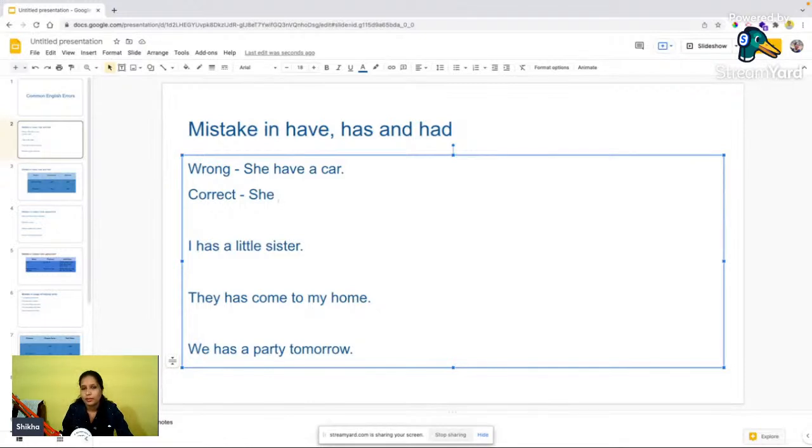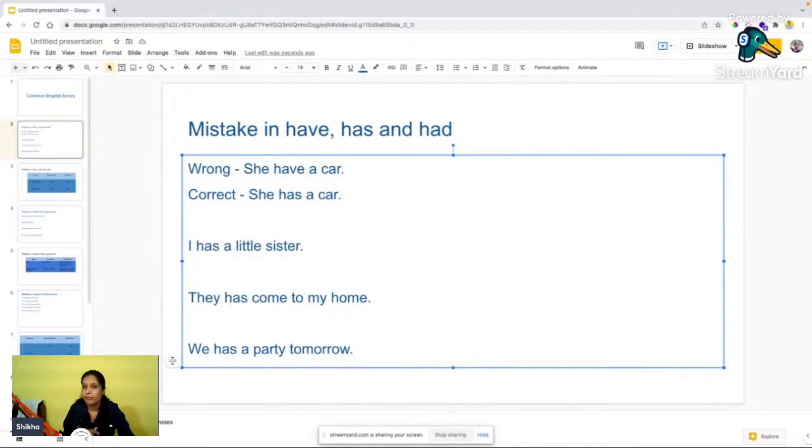So what is the verb which we use for a singular pronoun? That is has. She has, we will write has. She has a car. Can you see, these sentences are so simple, but still we make mistakes in them just because we don't know the usage of the verb, isn't it? So that's why she have a car is wrong. We have to say she has a car.